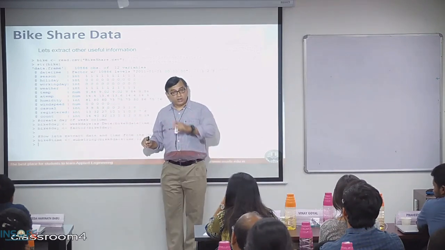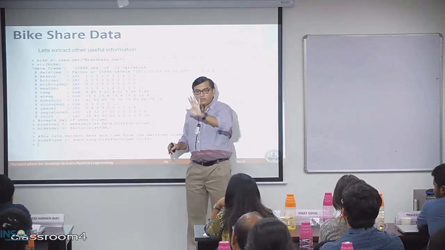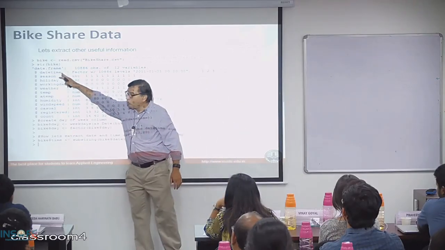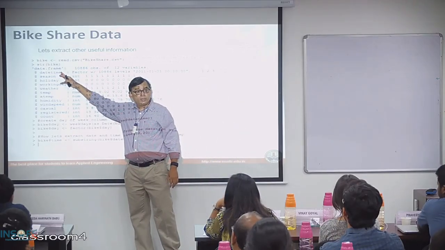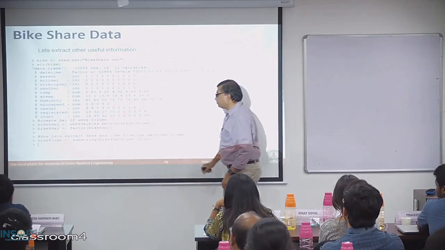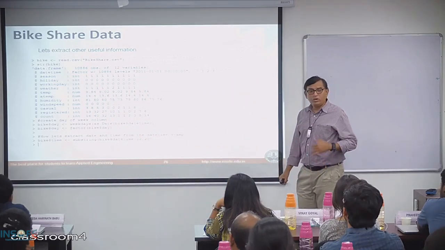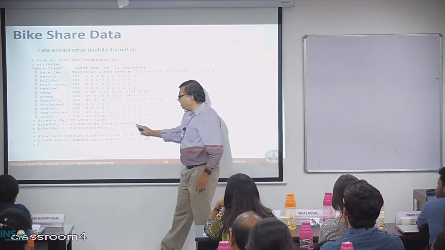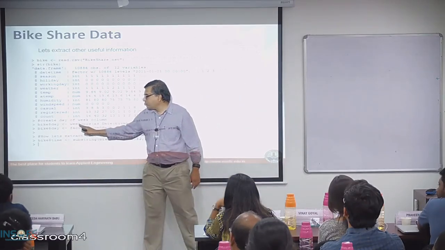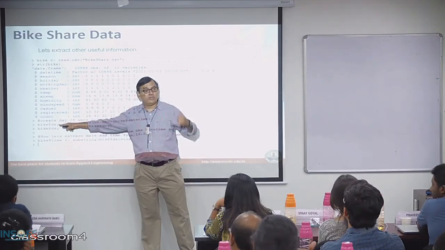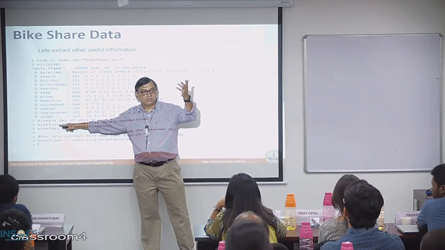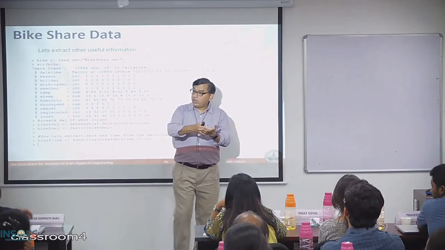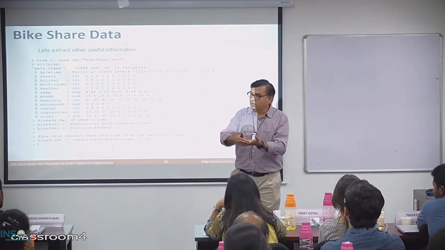Okay, but many of you said that, you know what, I should not be ignoring this date time column, right? So I'm trying to use that date time column. I'm converting that into a date and computing the weekday, whether it is Monday, Tuesday, Wednesday, or Thursday, because Monday might have a different rental pattern than Wednesday.